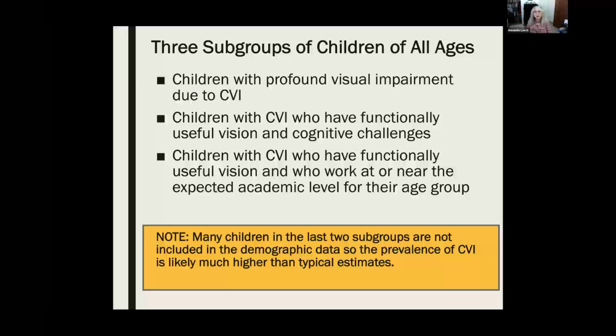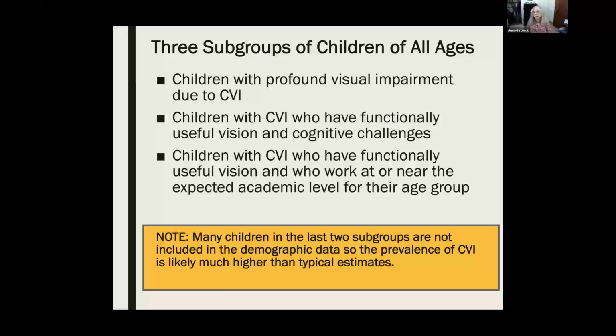Again, many children in the last 2 subgroups are not included in the demographic data. So the prevalence of CVI, we know it's high, but it's likely to be much higher than typical estimates.